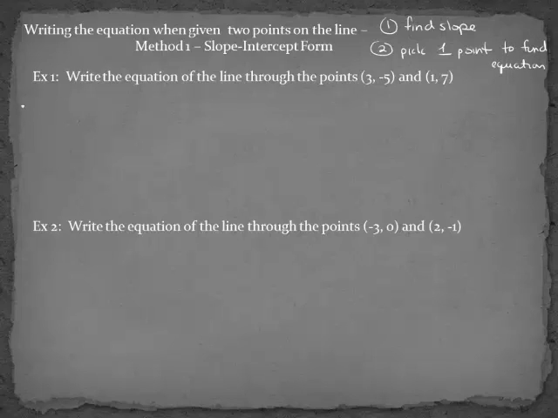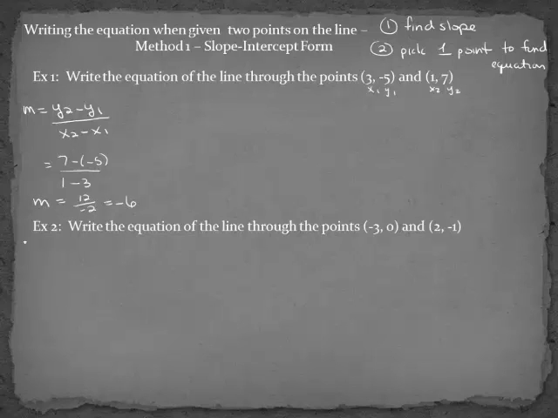Our slope formula was y2 minus y1 over x2 minus x1. So if I call this x1, y1, x2, y2, I have 7 minus -5 over 1 minus 3. That gives me 12 over -2, which gives me a slope of -6.